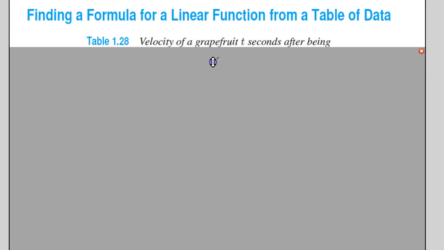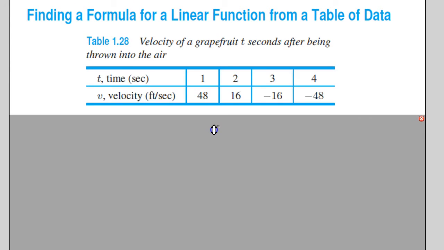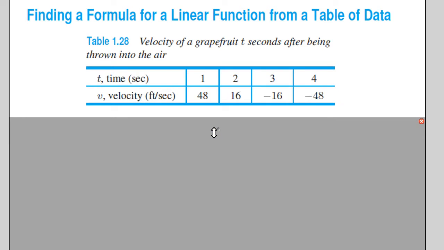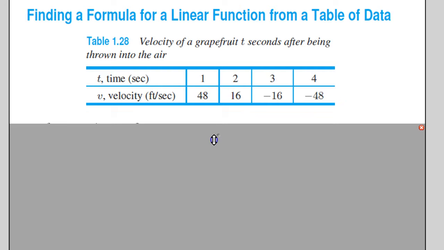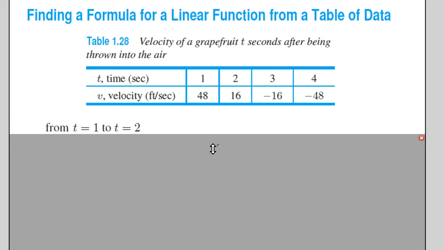So if I have a set of data like this, and I want to form a linear function to represent this data, first I must make sure that this data represents something that has a constant rate of change. In this case, we have the velocity of a grapefruit t seconds after being thrown into the air. Let's take a look at what's going on from time 1 to time 2.